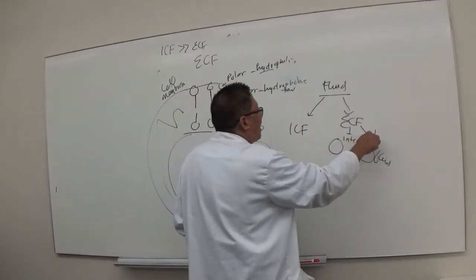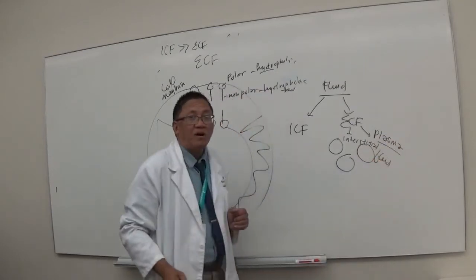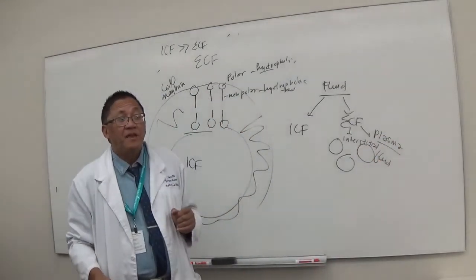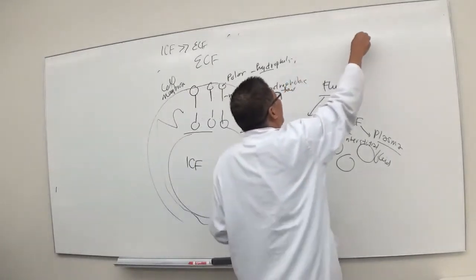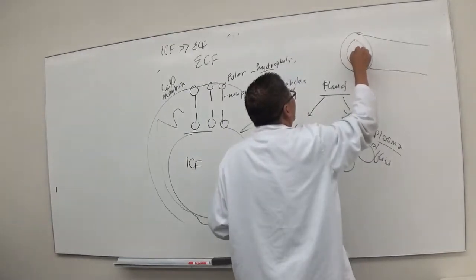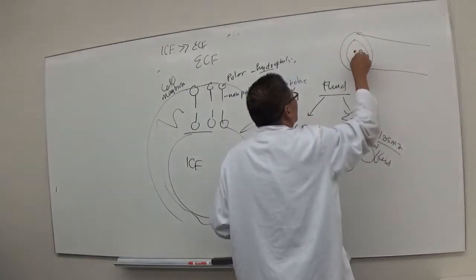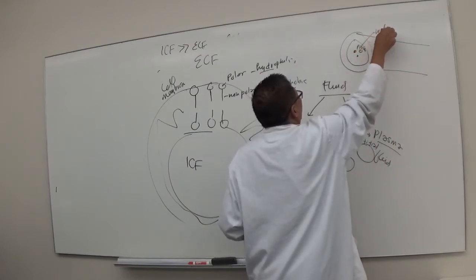Are you familiar with the word plasma? Right? What is blood plasma? It's found in the blood. For example, if this is a blood vessel here, what does the blood contain? Cells and plasma. What is this plasma made of?